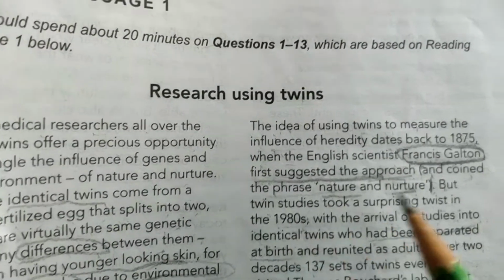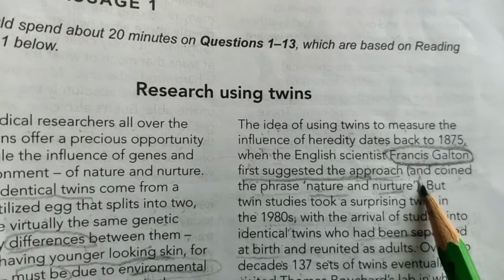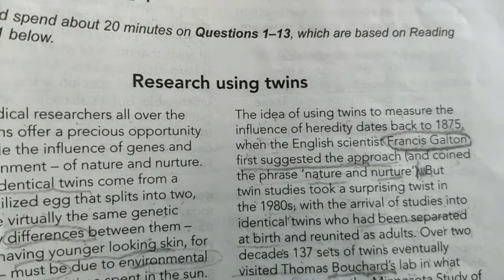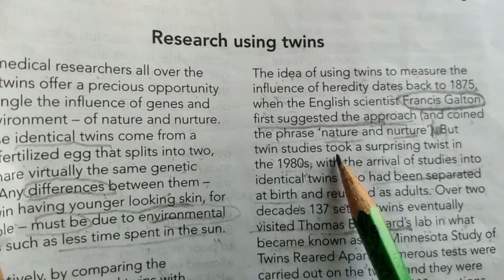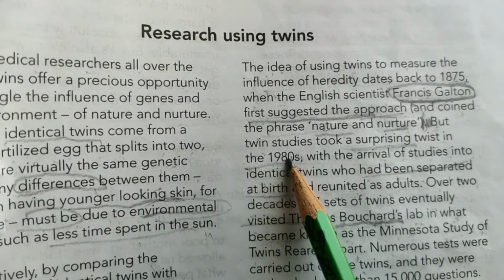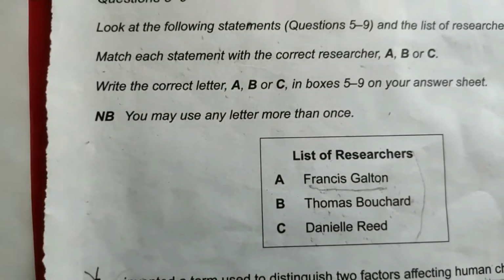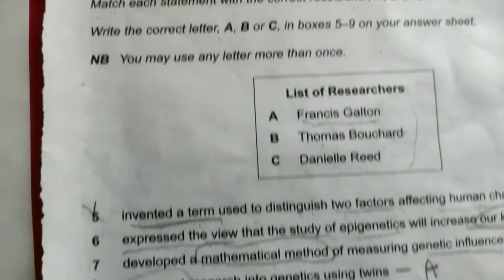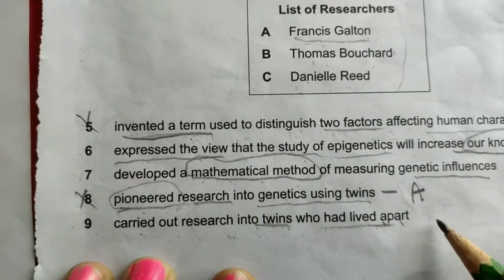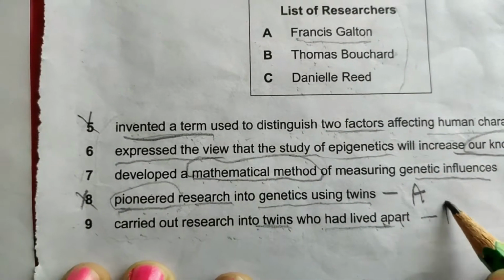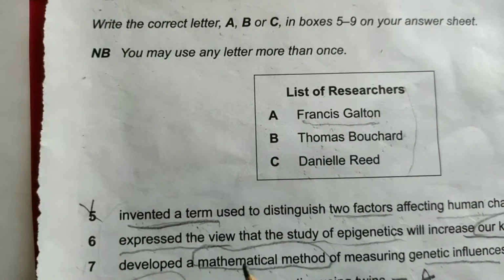There is a lot of difference between 1875 and the 1970s. So from here the writer is talking about Thomas Bouchard, as twin studies took a surprising twist in the 1980s. So we will put the answer here: carried out research into twins who had lived apart is Thomas Bouchard.